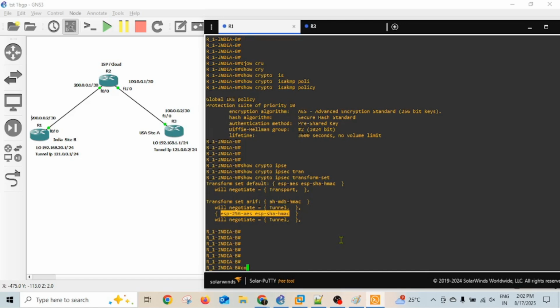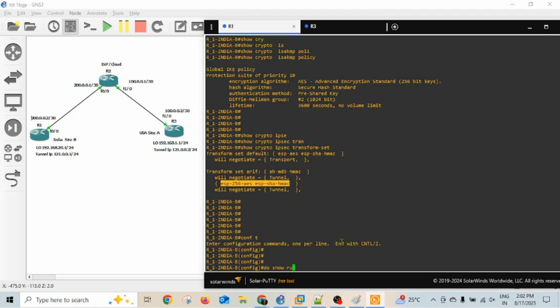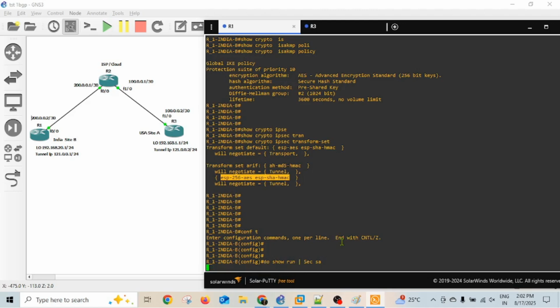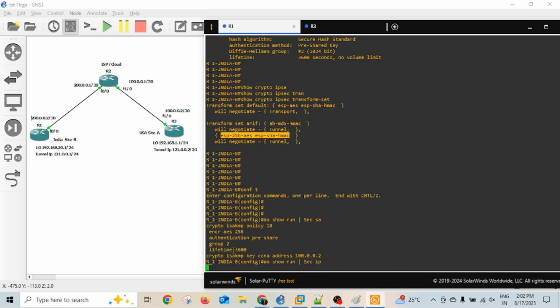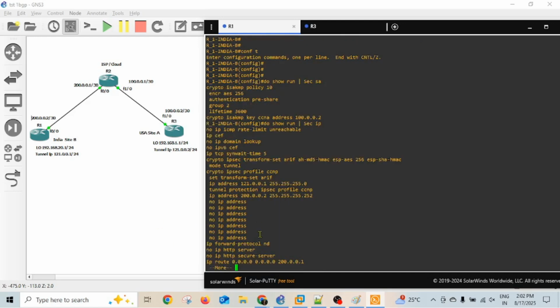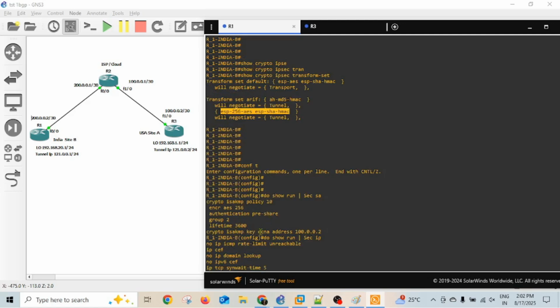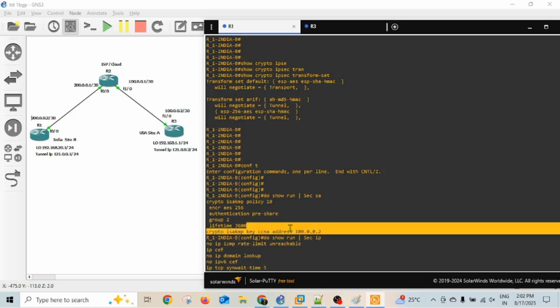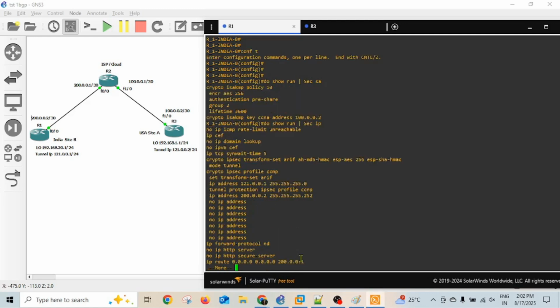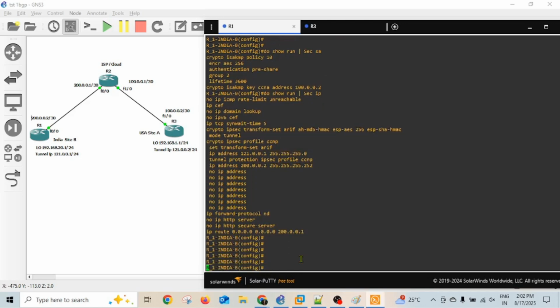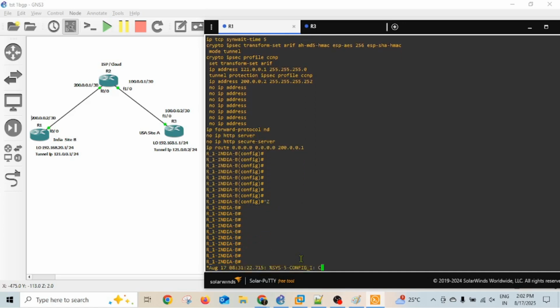So if we do show run section, this is the parameter. That one is the parameter. Key exchange and your group policy. These need to be defined. Okay.